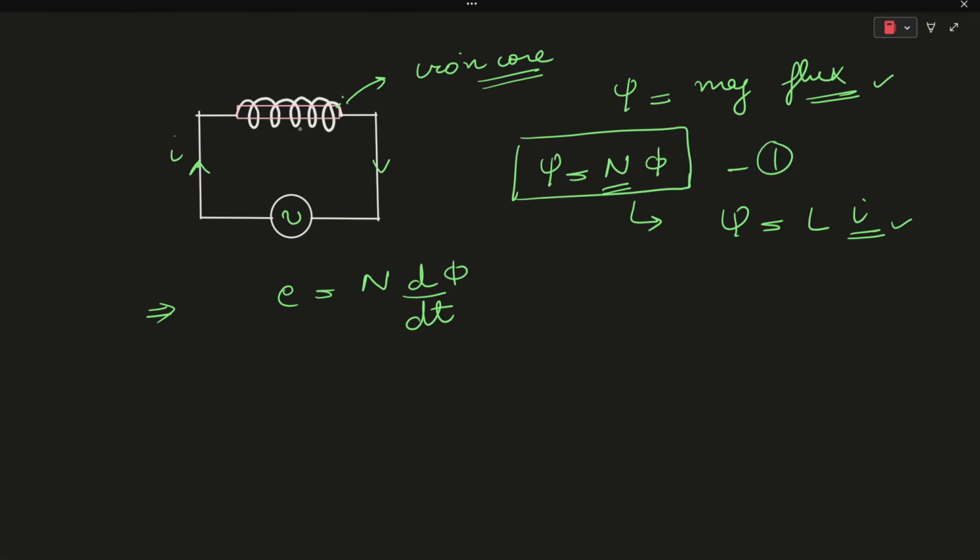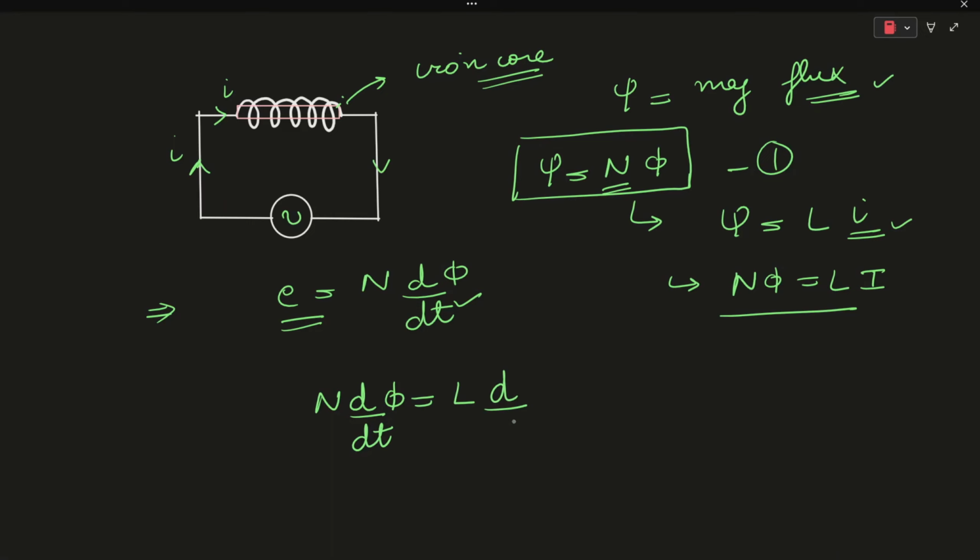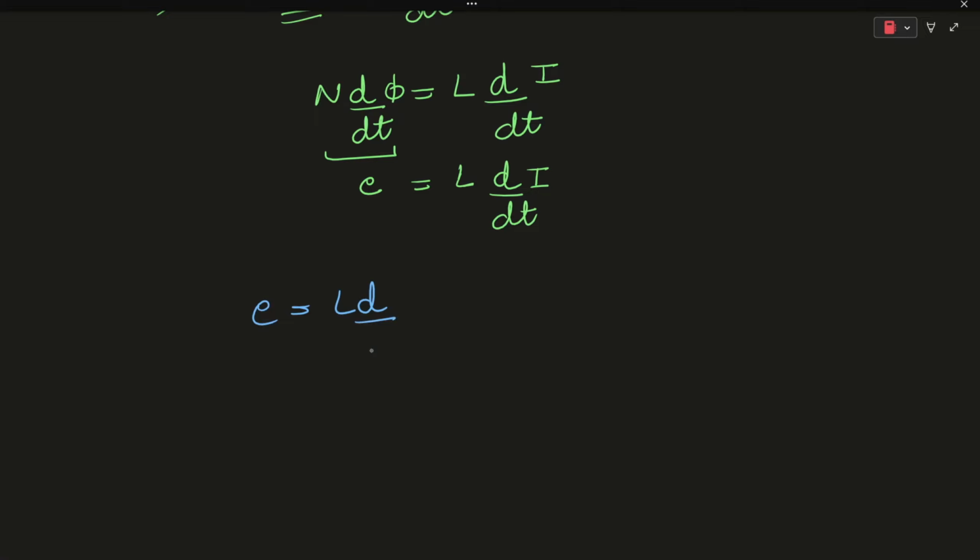So n phi will be equal to L I. If we differentiate with respect to time, we get n d upon dt of phi equal to L d upon dt of I. Here n d phi by dt is the induced EMF, so E is equal to L d upon dt of I.